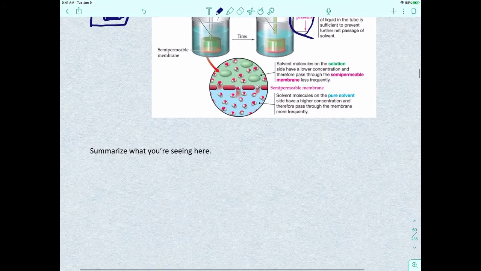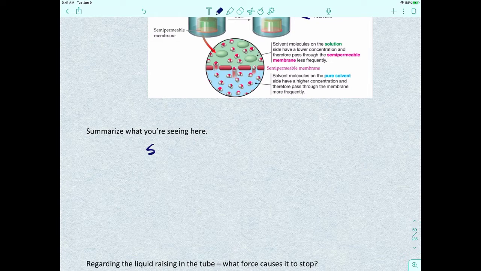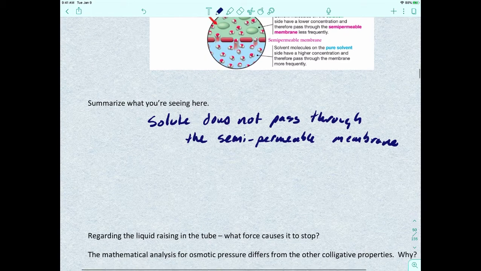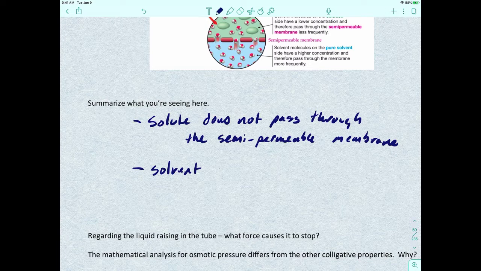What we're seeing here in this figure is that the solute does not pass through this semi-permeable membrane, and the solvent goes from a higher concentration to a lower concentration.